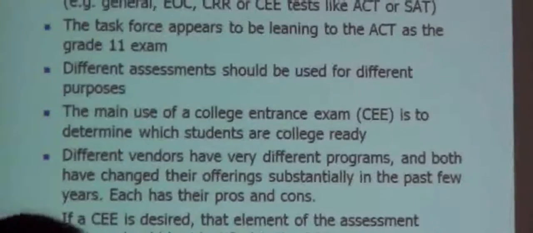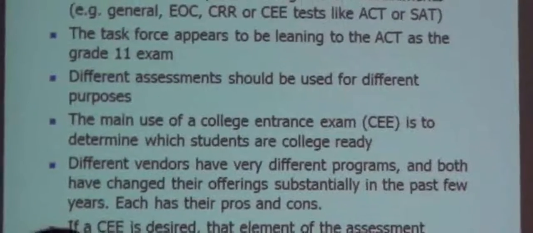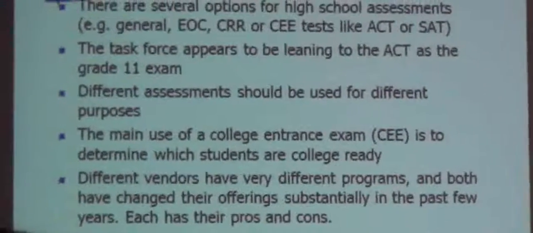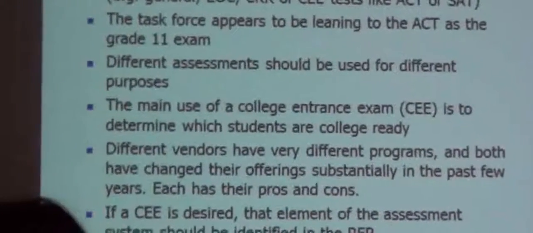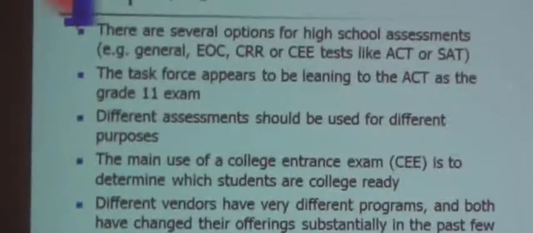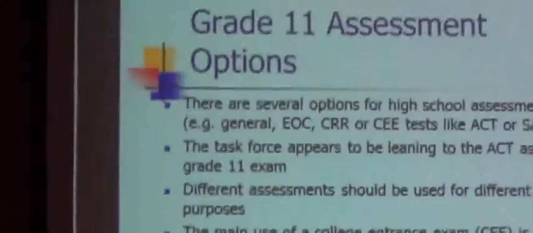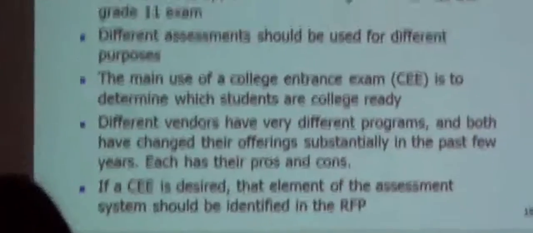And one model is to use an end-of-course exam, not for student accountability, but simply to report the percent passing in each course. Because one of the things that we find in examining kids' success or lack thereof in college is that students have taken the right courses, but the course content didn't match the course title.